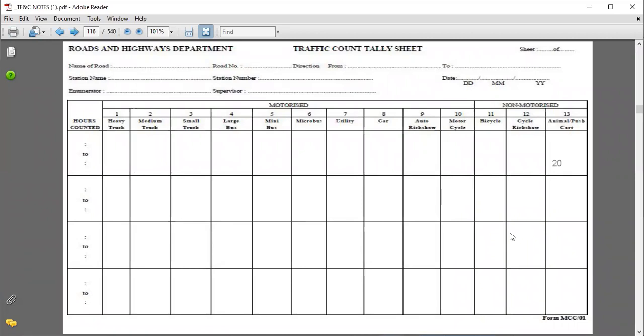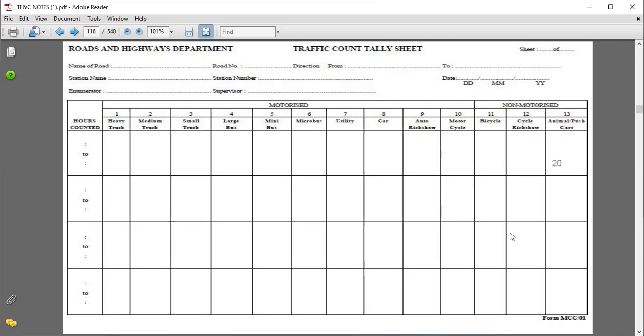After that, we write the date, the time, and who made the supervision. All this analysis can be made from this tally sheet only. And we have to divide the number of vehicles within an hour, from the morning hours, the afternoon, and the evening hours. Again, there are heavy trucks, medium trucks, small trucks, and large buses.